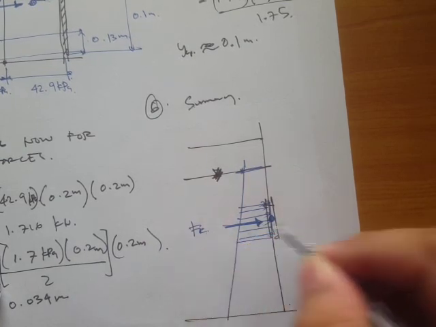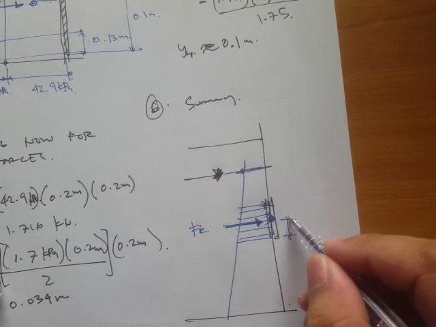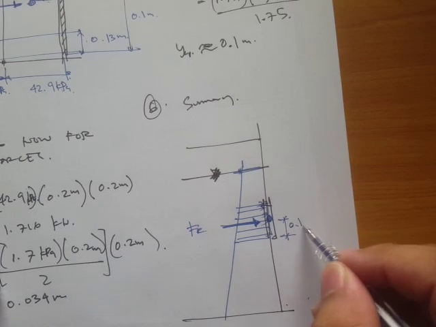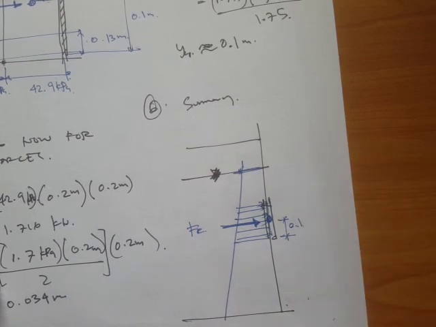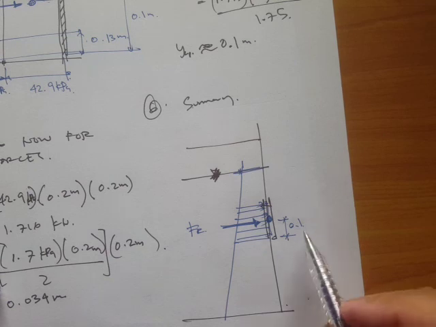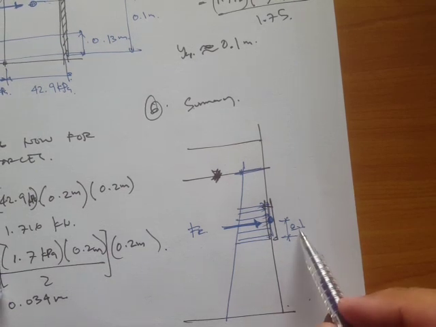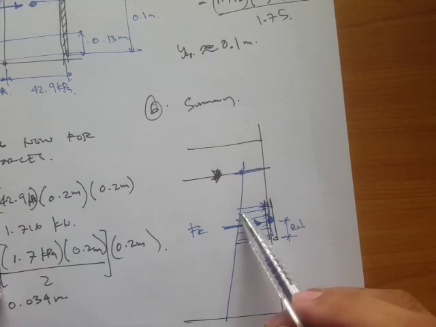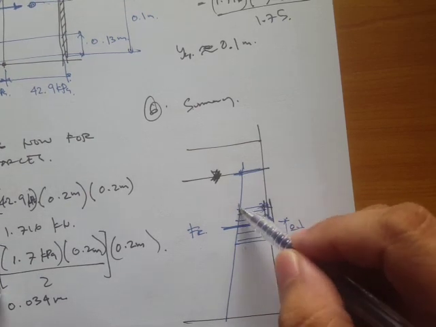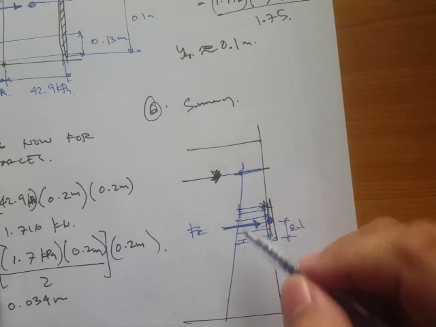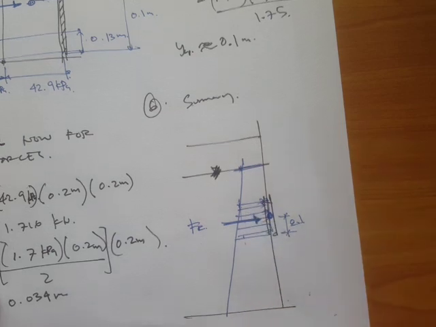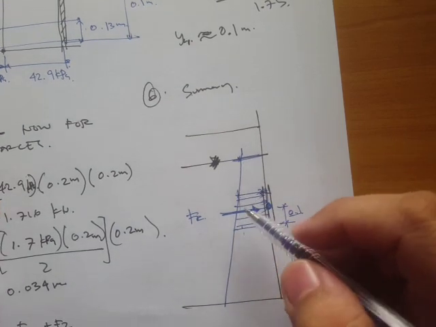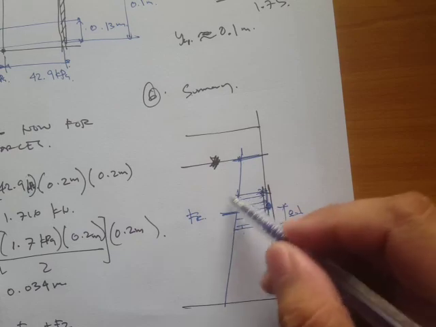This is our FR, and this will be our 0.1. It's actually approximately 0.1, probably because we only have a slight variation or small values of forces here.